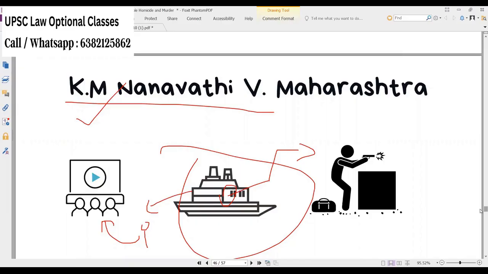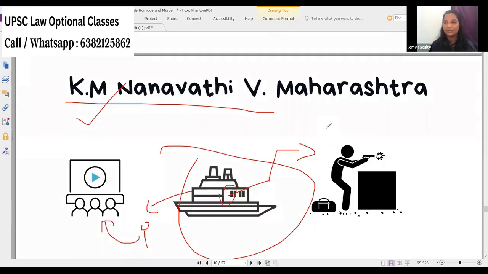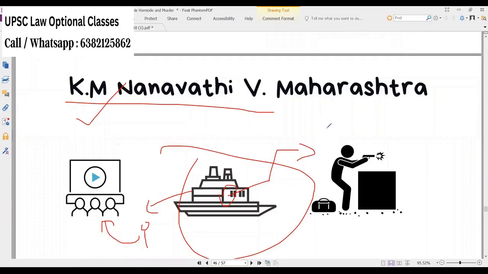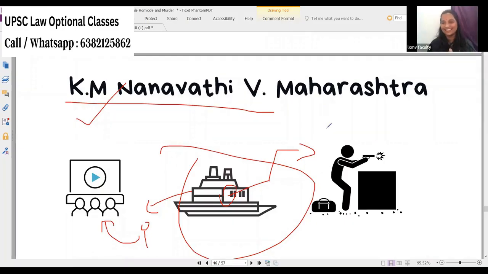Ma'am, if he had killed his wife at that point, then it would be sudden. Exactly. Yes. Immediately, you are sleeping with him, one punch and shoot. That's all. It is sudden provocation.